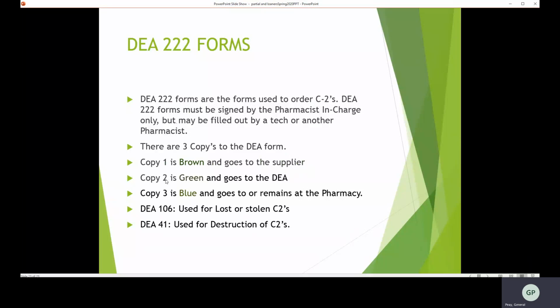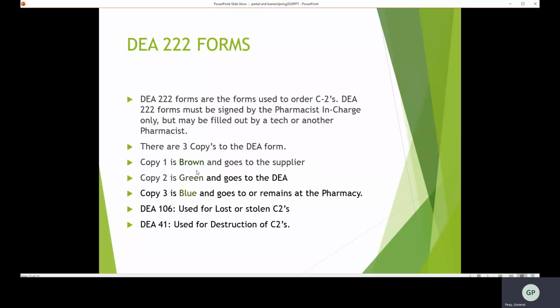The middle copy is green, and it goes to the DEA office. So the DEA office gets a copy of every C2 that's ordered from any pharmacy. Then there's a blue copy. This one remains at the pharmacy for the pharmacy records.